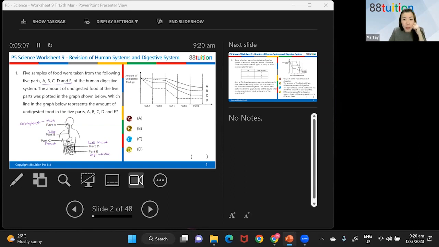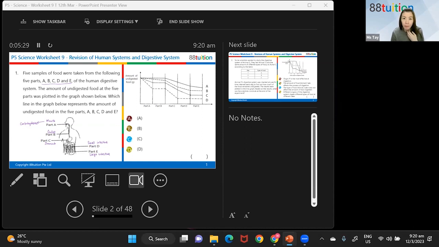You can taste the sweetness because it's being digested into simple sugar. So don't keep it there for too long. After you can taste the sweetness, then you can swallow it. The main purpose actually is for the teeth to chew the food into smaller pieces.